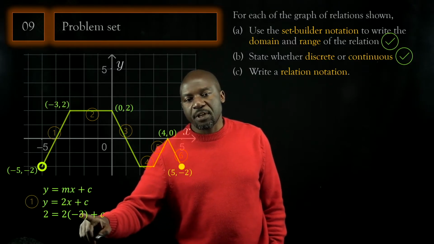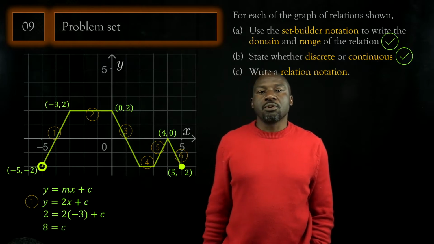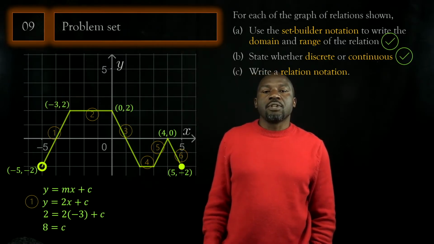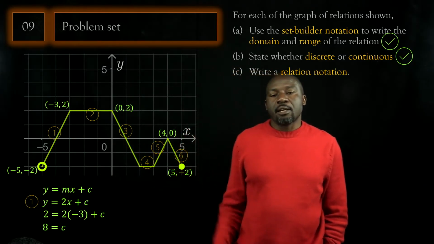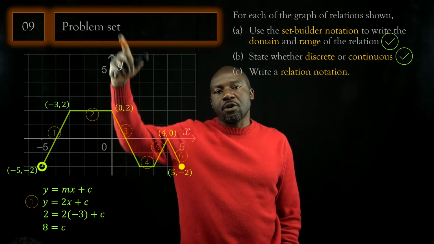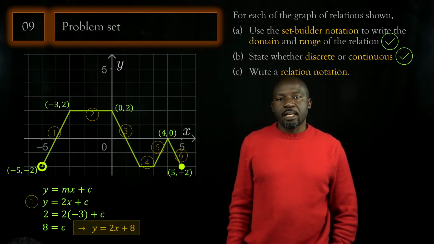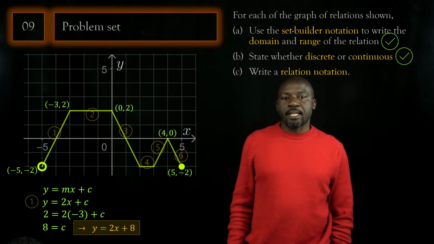When we rearrange that, this is negative 6, but when we take it to the other side, it becomes positive, so c is 8. In other words, c is 8 means this line is going to cross the y-axis at a point where y is 8. So the equation for line 1 is y is 2x plus 8.